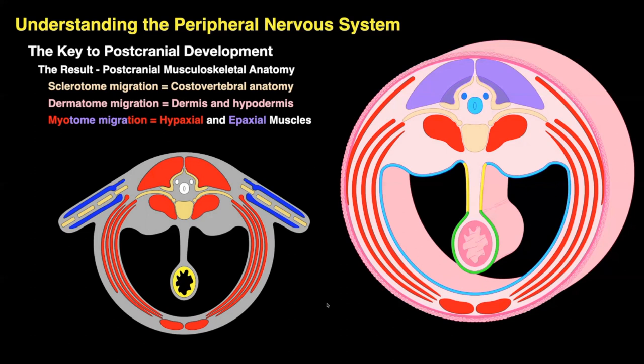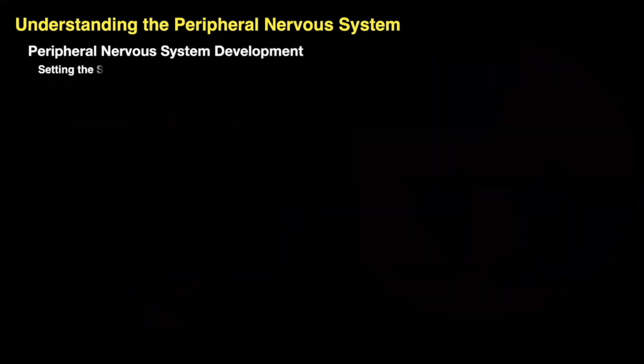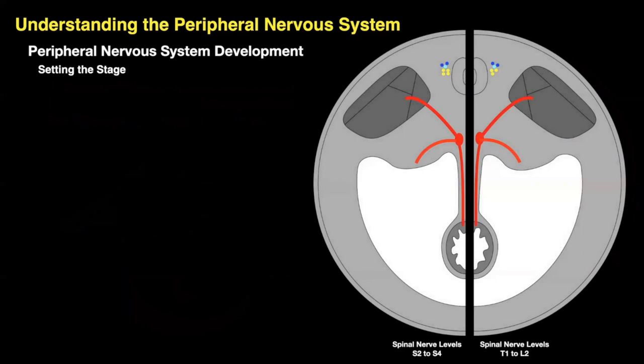And so that's kind of this pattern of development resulting from somatic migrations and differentiation and starting to form our adult structures. Now that we have a basic feel for postcranial anatomy, let's look at creating the spinal nerves.